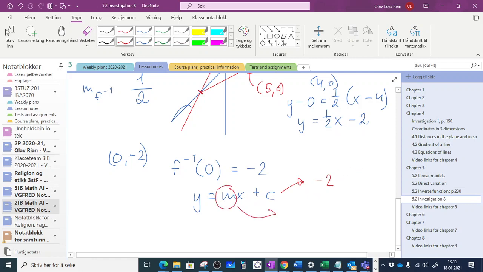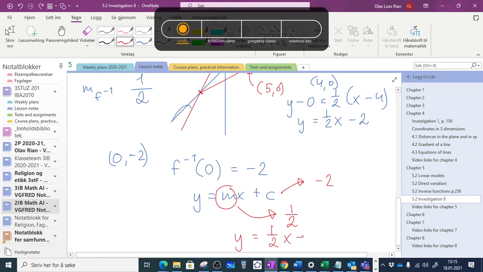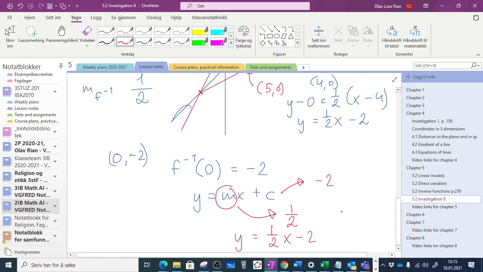And since this is an inverse function, we know that the gradient is going to be inverted, the gradient for the original function. So we can write this as y equals 1/2 x minus 2, or if you like, x equals 1/2 y minus 2.